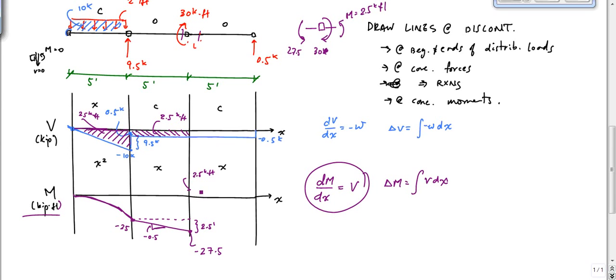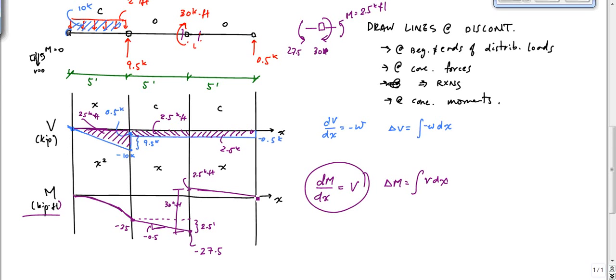So I would say this distance from here to here is 30 kip feet. Oh, I know this is getting sloppy. Okay, my apologies for that. And then the rest of this is also 2.5 kip feet, and I'm decreasing again because I have a negative shear value, and I end up back down to 0.